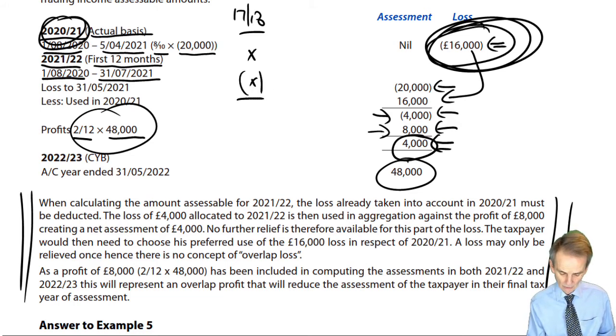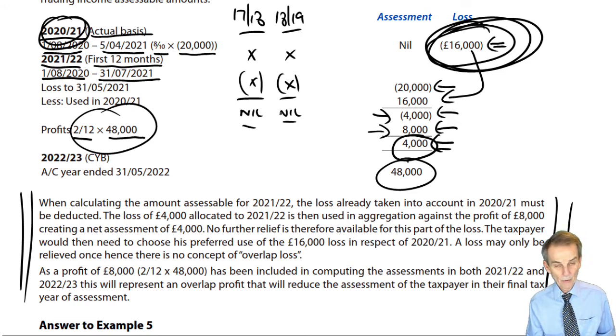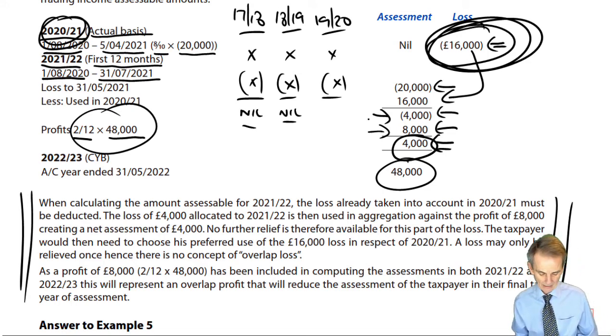If there was still loss left over, you would move forward to 18-19, pick up the total income, and take out the loss against that total income. If on each of these cases it left us with no income, you would come forward to the 19-20 tax year and offset that loss. So one single claim against all of the preceding tax years.